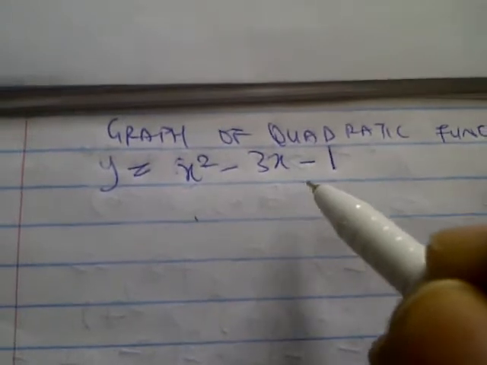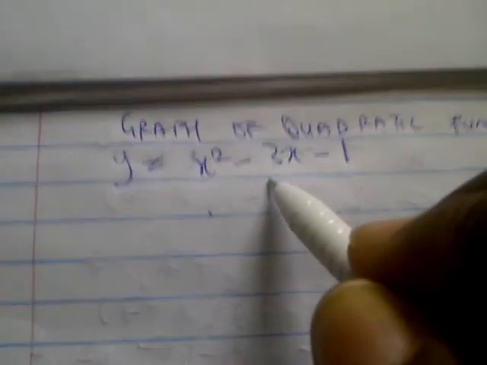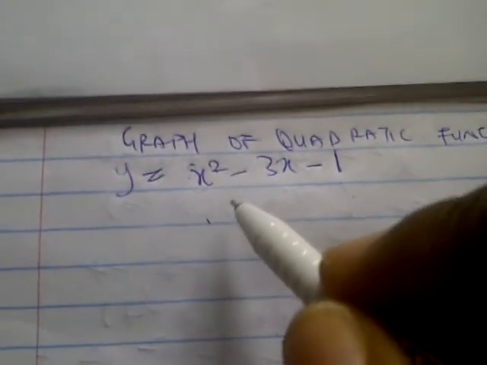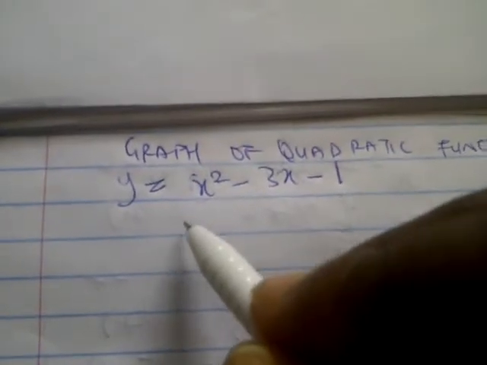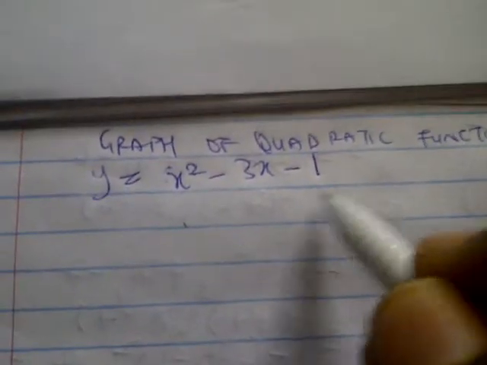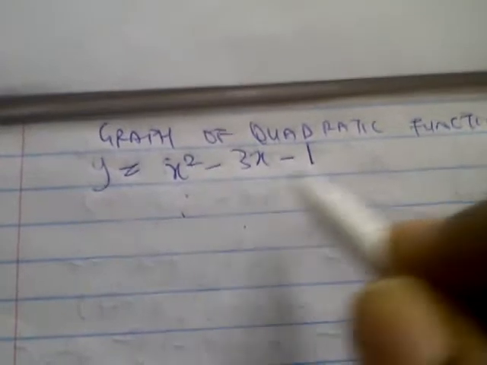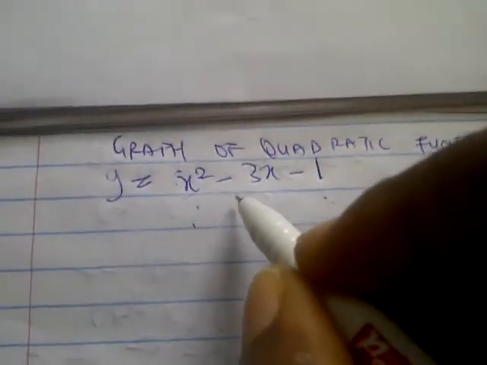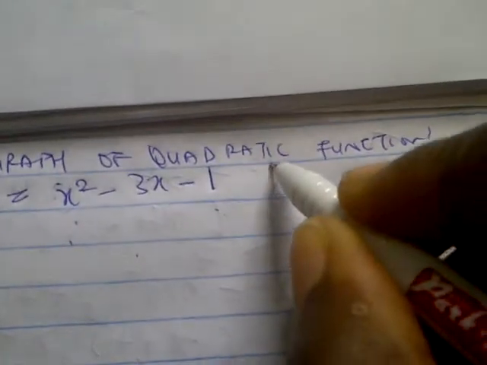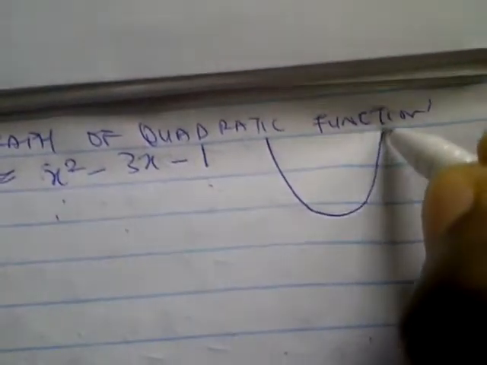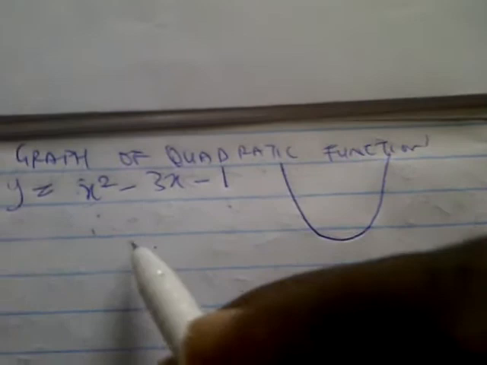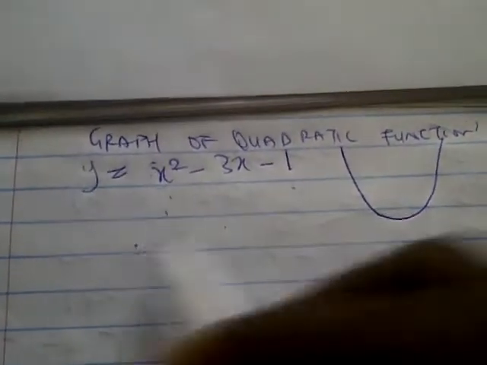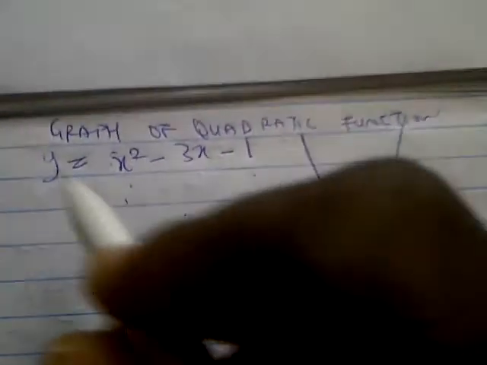Now for a quadratic graph you have to ensure that you try out many values of x to get the values of y. Don't just try one or two, because it's always a parabolic shape, something like this. It's not like a straight line graph that you can just plot 2 or 3 points and then join your graph.